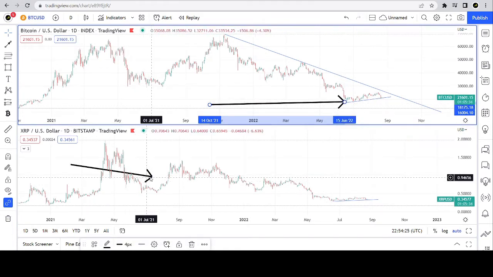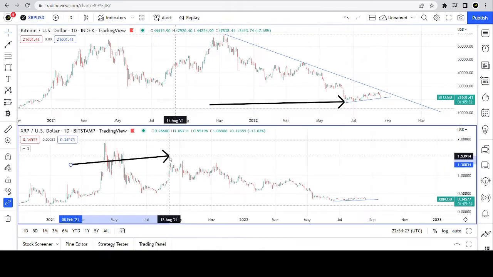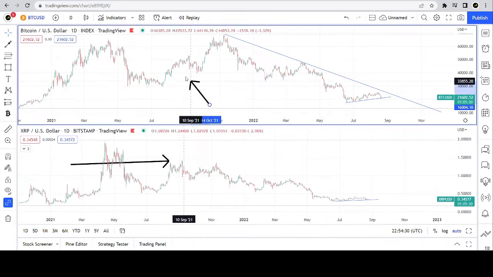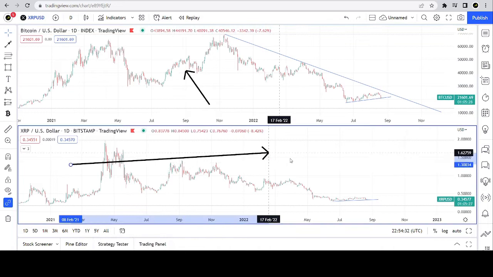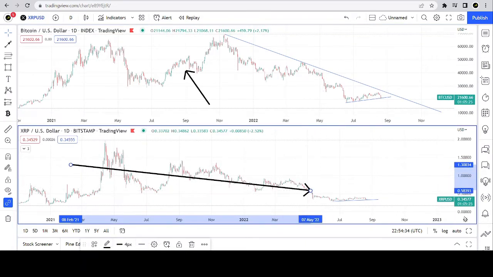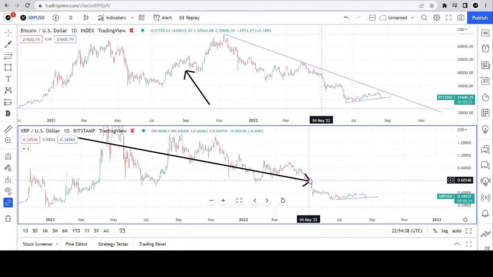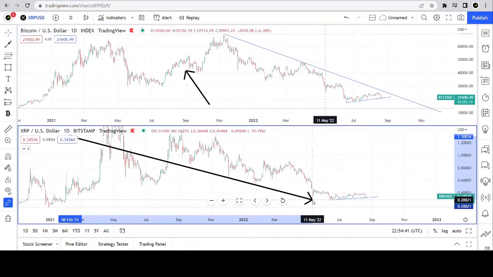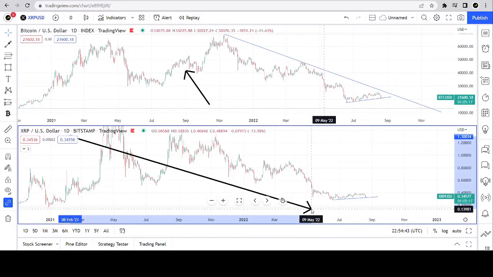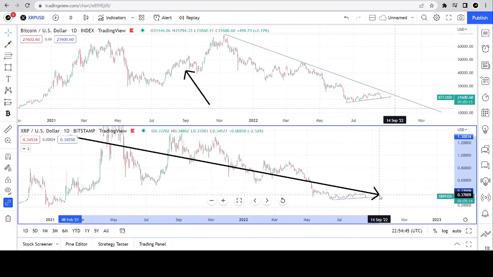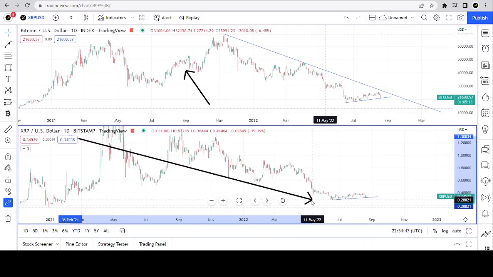Now, let's switch back to XRP. If that is wave 1 right over here, that would mean that XRP has essentially completed its capitulation fractal, which I believe is right here, and it's still currently working it out.